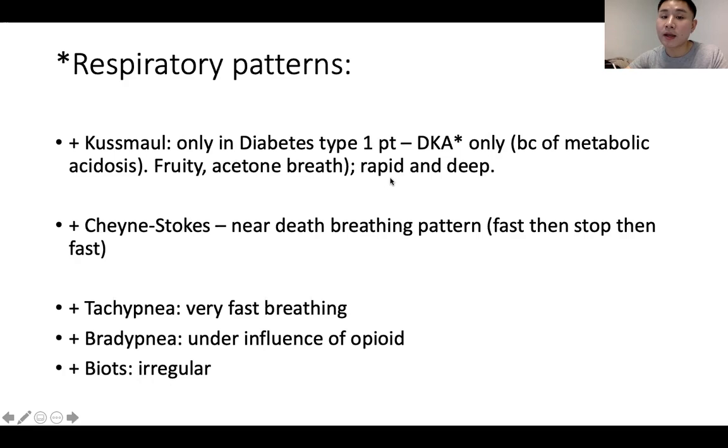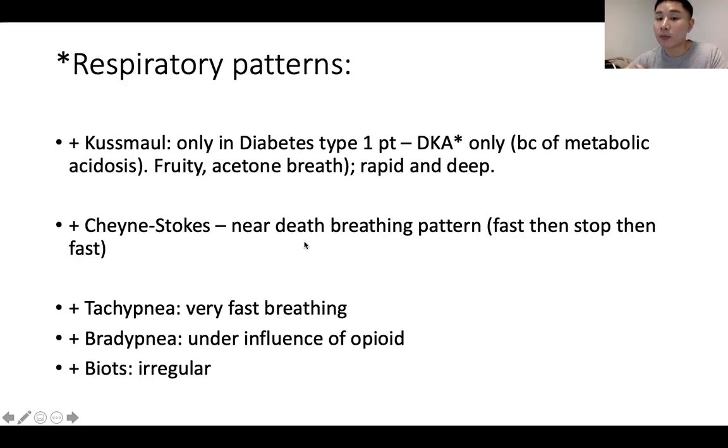Please remember that this is because the body is trying to breathe rapidly so that it can expel the carbon dioxide out of the body to reduce the acid in the blood, because carbon dioxide is an acid. In DKA the blood pH is so low, it's so acidic. So this is a compensation of the respiratory system, so that it can make the pH more alkaline.